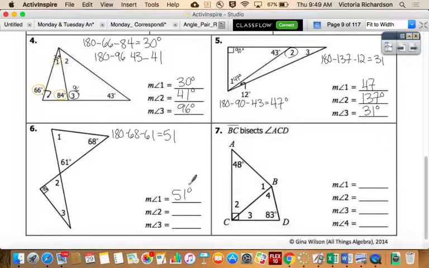Now, we still are missing two parts in the bottom triangle. So we got to remember that we have vertical angles right here. This angle is congruent to this angle, which means angle 2 is 61 degrees. And now that we know that, we can do 180 minus 90 minus 61, which equals 29.